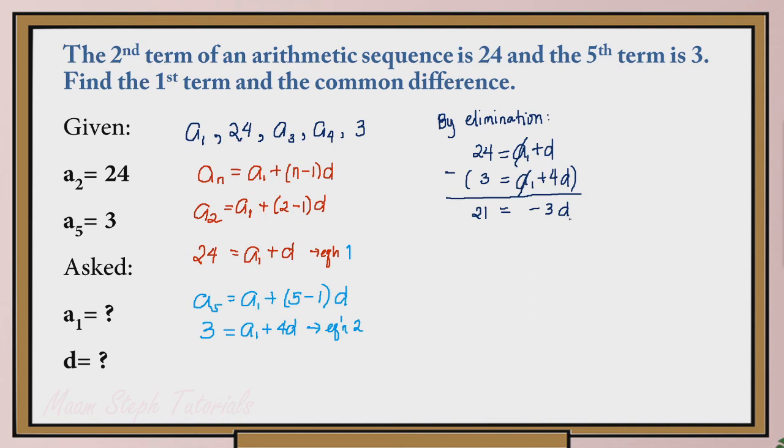So ngayon, para makuha natin ang d, we will just divide both sides with negative 3. So our common difference is 21 divided by negative 3, that is negative 7. So yung value ng ating d dito is negative 7.